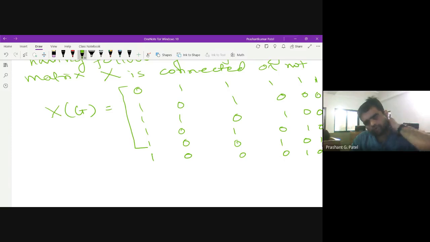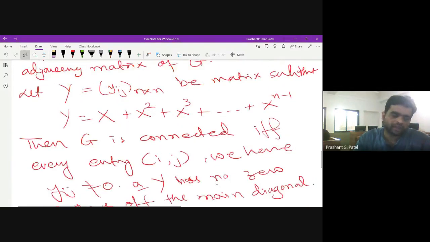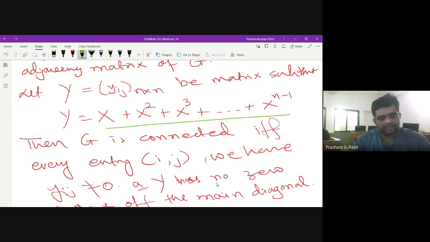Now we have to find out whether the graph made of this matrix is connected or not. So as per this argument, you have to check whether this Y, that is X plus X square plus X cube and so on, shows it is connected or not.